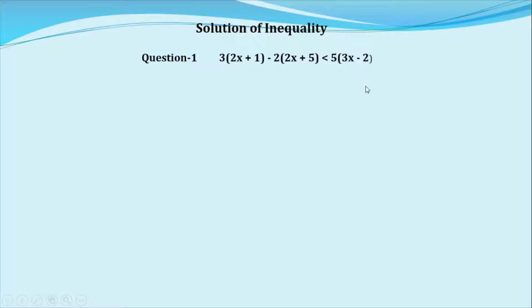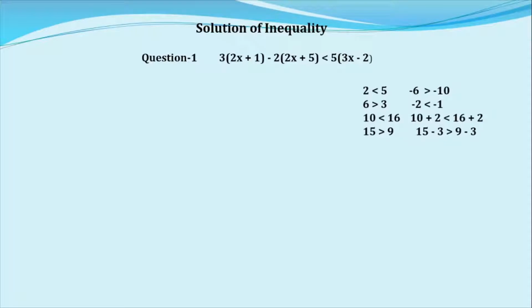So how do we find the solution of this inequality? Let's first take a round of these rules of inequality. If 2 is less than 1, so if we multiply minus 3 on both sides of this inequality, it will become minus 6 and minus 10.